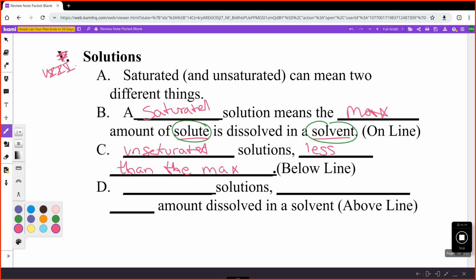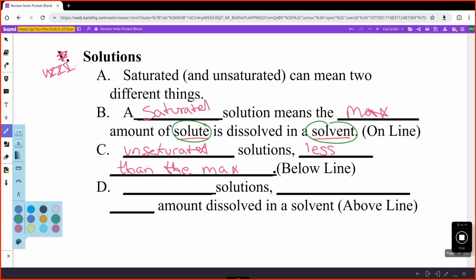Less than the max. So before we were talking about a saturated solution, meaning the most you can fit. Any amount dissolved below that number would be called an unsaturated solution.